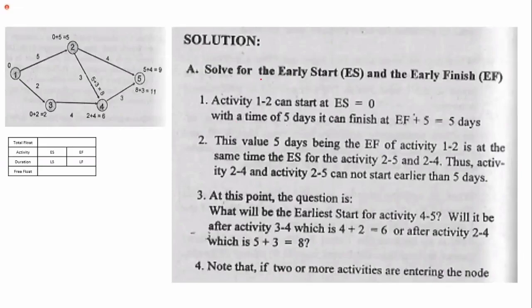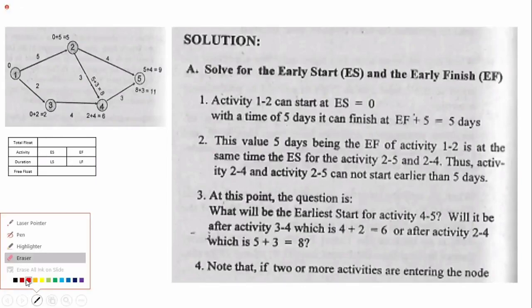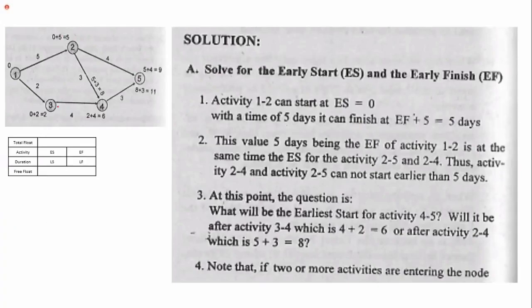For solving ES and EF, for activity 1 to 2, we have 0 plus 5. If we use a table, it is based on the figures. For every node we make a table.